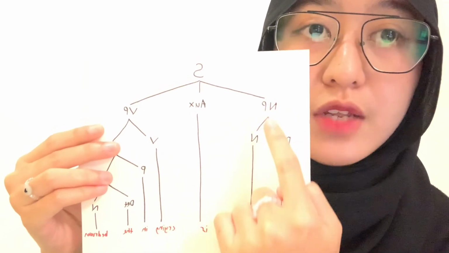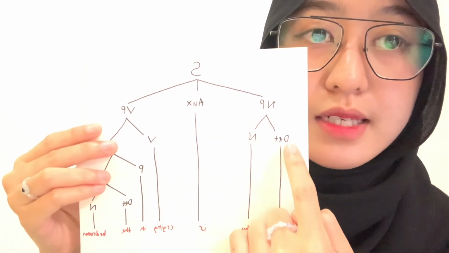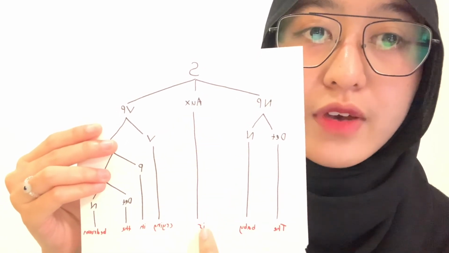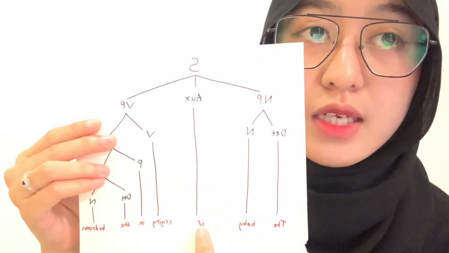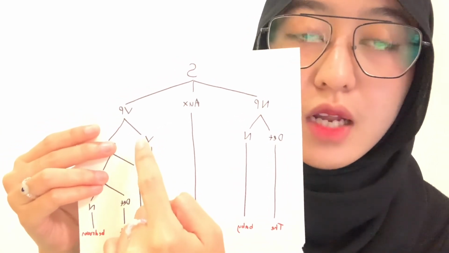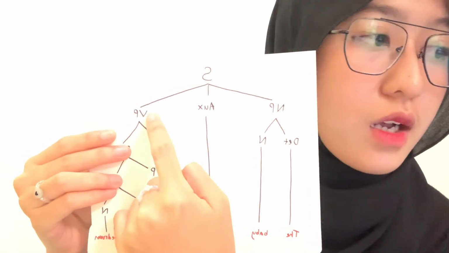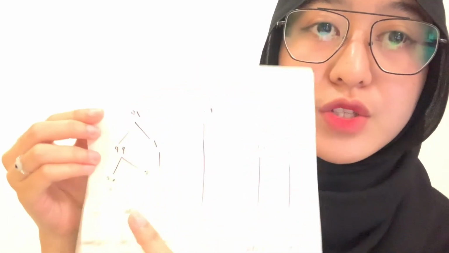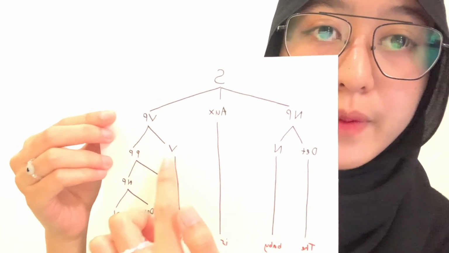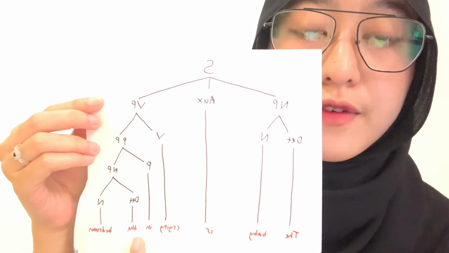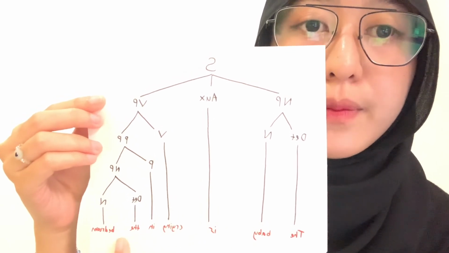For the noun phrase, we can divide it into two parts: the determiner and the noun, the baby. And then the auxiliary we have is the verb to be, is, which indicates the present continuous tense. And then the last syntactic category we have is the verb phrase, which we can divide into two parts: the verb and the prepositional phrase, the verb crying, and then the prepositional phrase in the bedroom.